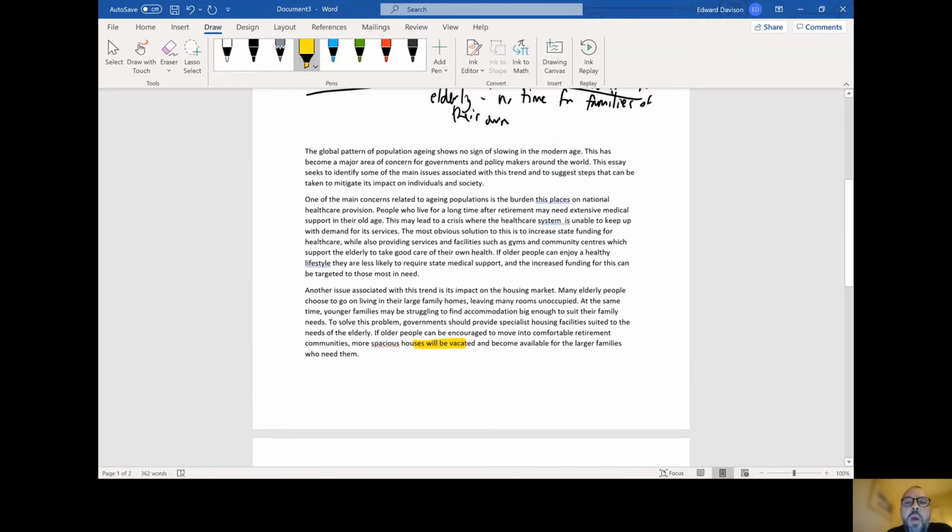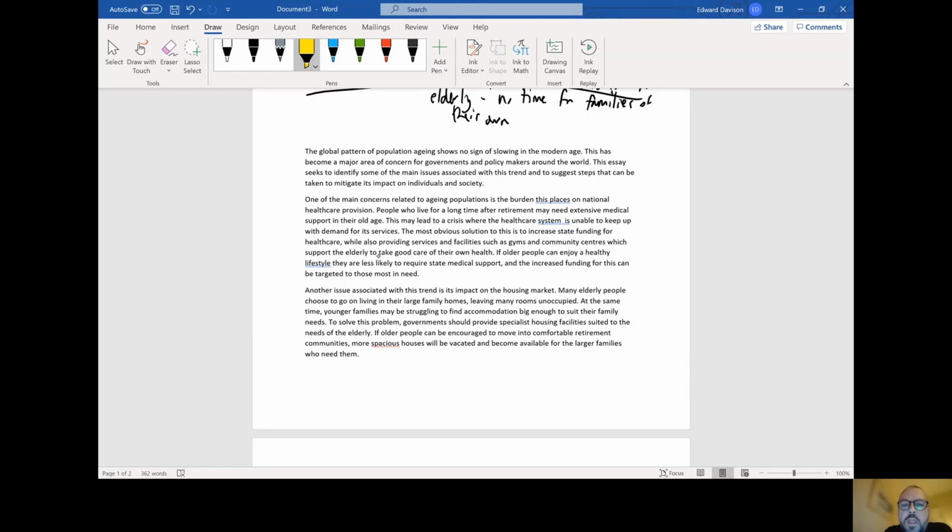We've got a present perfect tense here at the beginning. This has become a major area of concern. We've also got general present simple tenses. People who live for a long time after retirement may need extensive medical help, etc. So a mixture of tenses there, predominantly present simple, of course, but a mixture of tenses all the same.